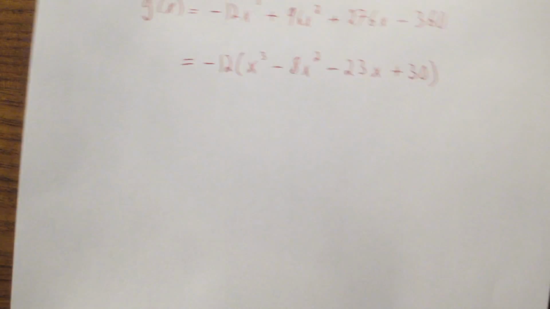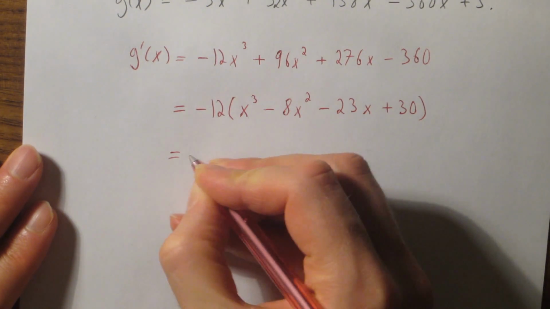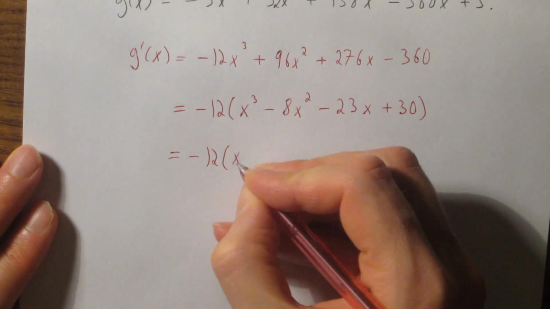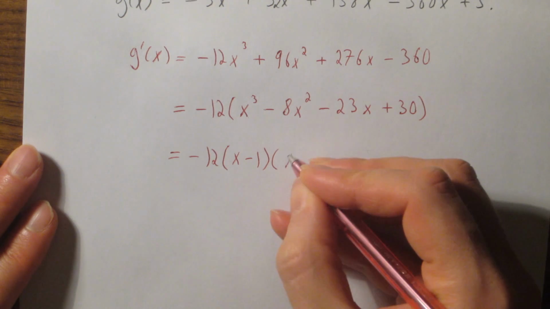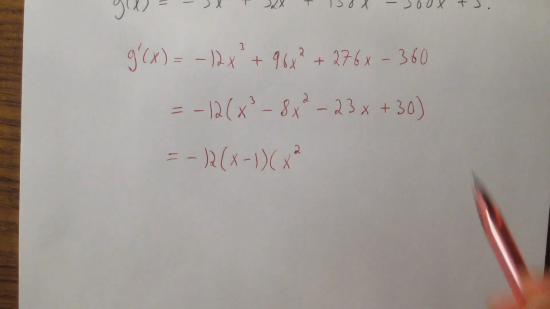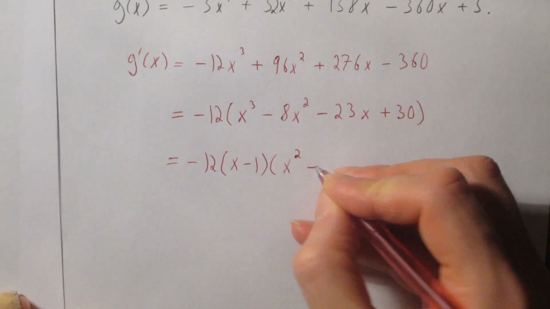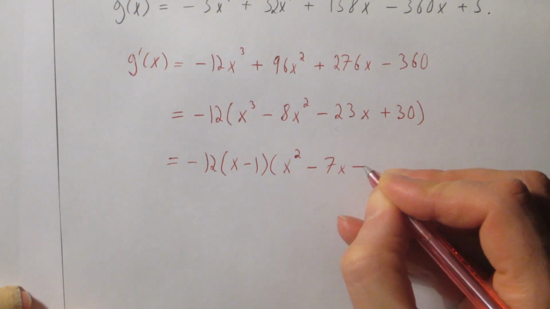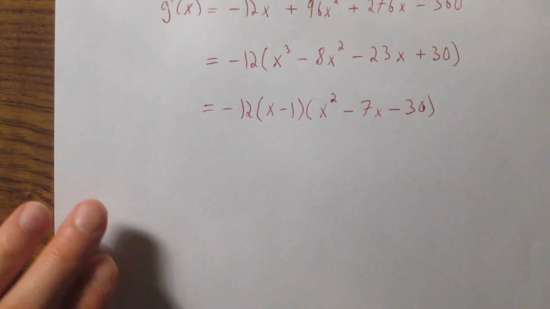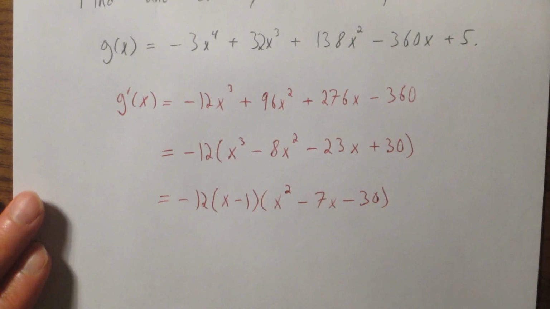So, using this factorization, or this long division process, we get that our cubic polynomial is x minus 1, what we divided by, times x squared minus 7x minus 30. And now let's continue the factorization.